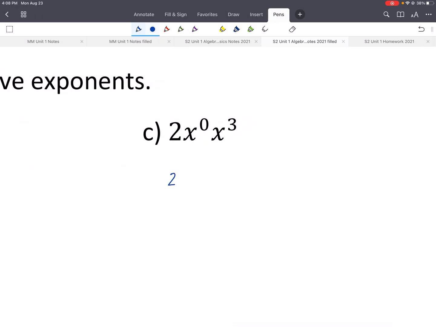Here's another one. We have our coefficient. If you wanted to, you could put a coefficient for this one. That'd be 2 times 1 is 2. And here we will add their exponents, so that'd just be x to the 3. Okay, another way you could do that is you could just say that it's 1, since we know that anything to the 0 is 1.